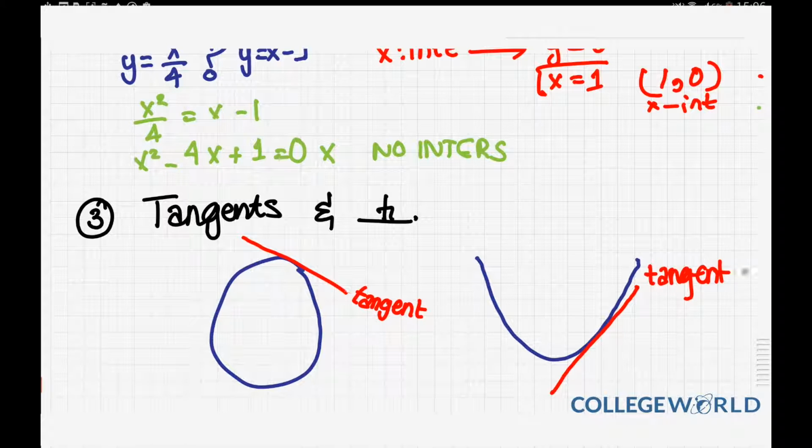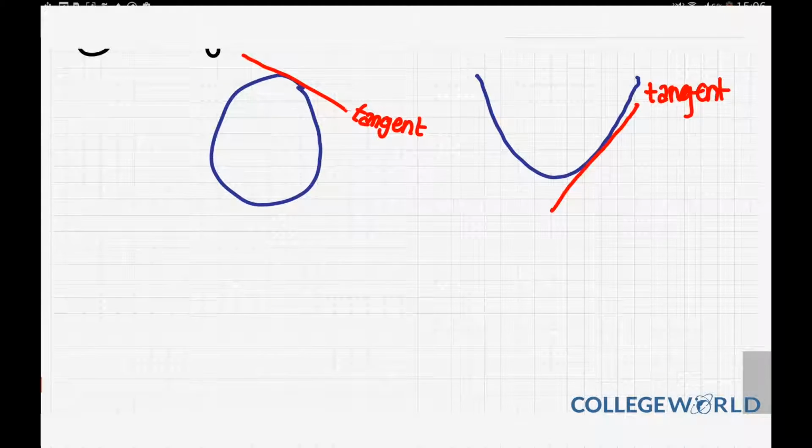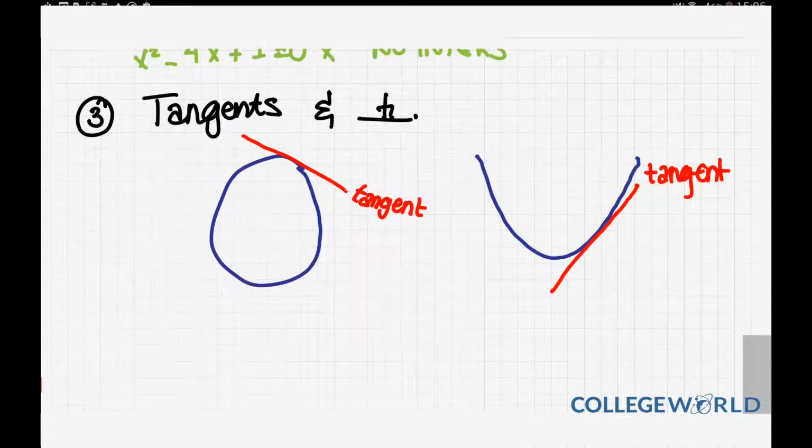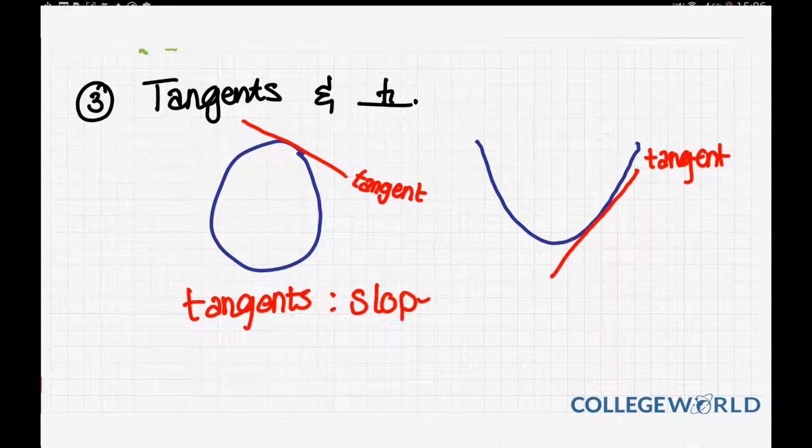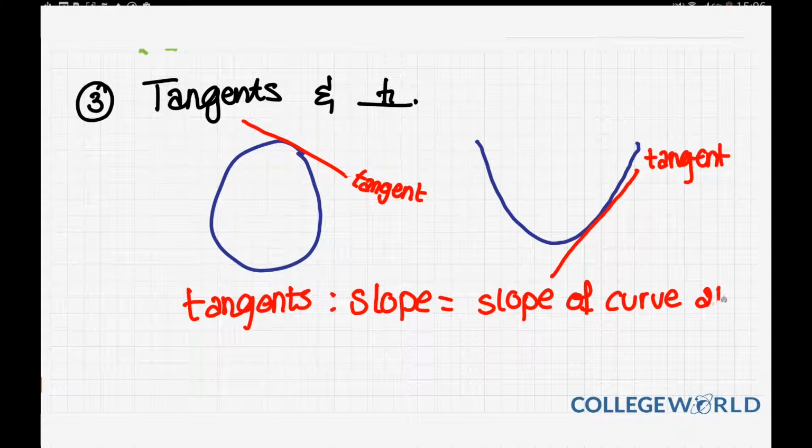The thing about tangents is that their slope is equal to the slope of the curve at that point. So here, as we know, the slope is changing for the curve. It's like this, it's like this, it's like this, and then it keeps changing until it comes here where it's just on the red line, and then it continues changing.